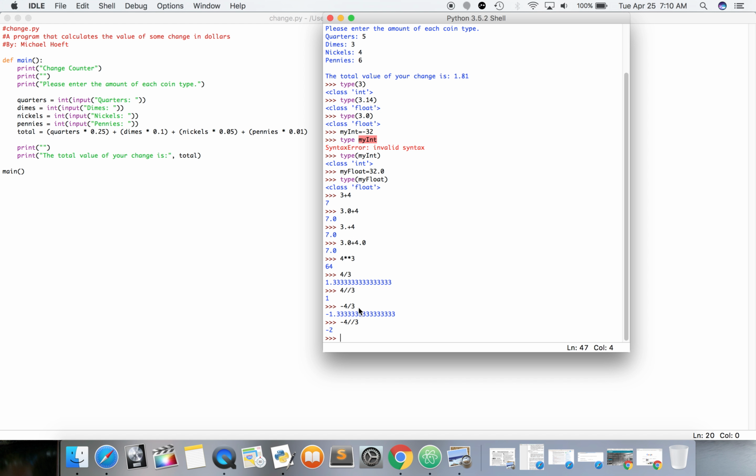So basically, the // is considered integer division, as opposed to float division. If the result is in between two integer values, the integer division always goes to the lower integer, the one that's farther left on the number line.